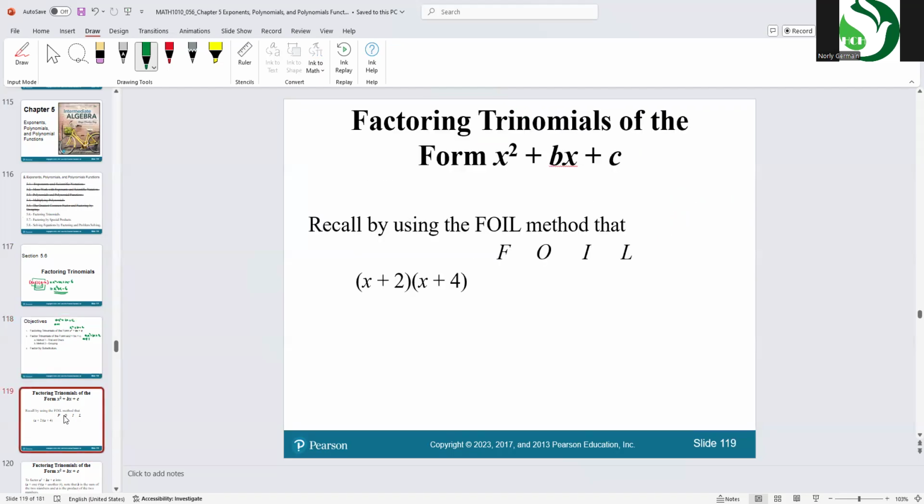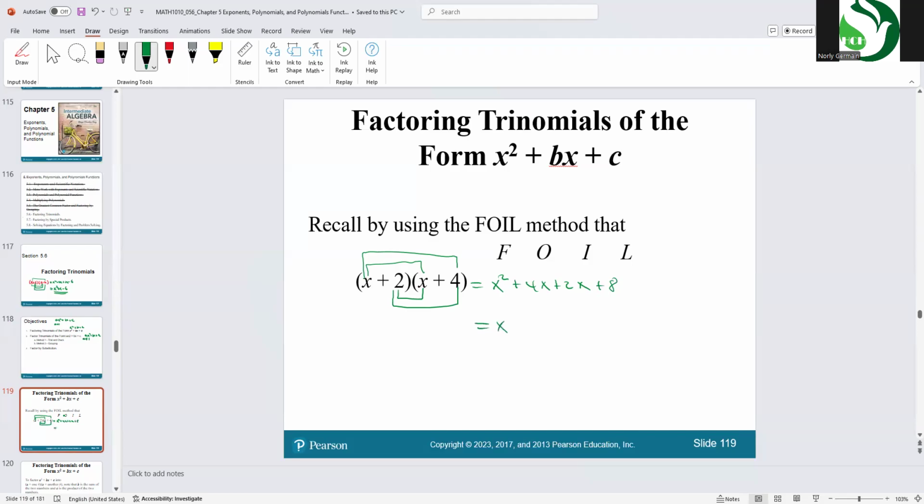Now, if you have x plus 2 times x plus 4, when you FOIL this one, what does it give you exactly? That's what we're trying to show you here. If you FOIL, this would give you x squared, plus 4x, plus 2x, plus 8.